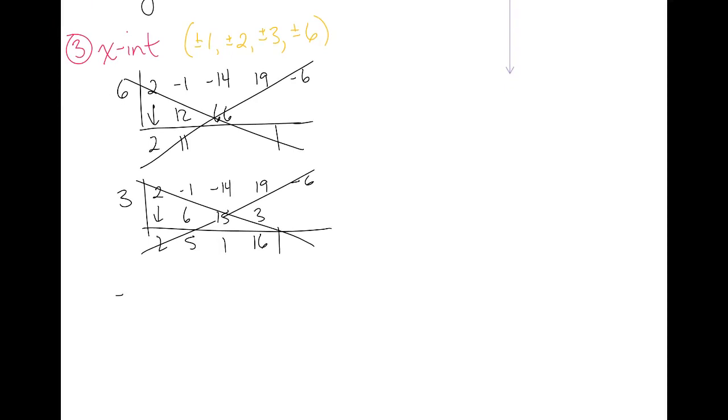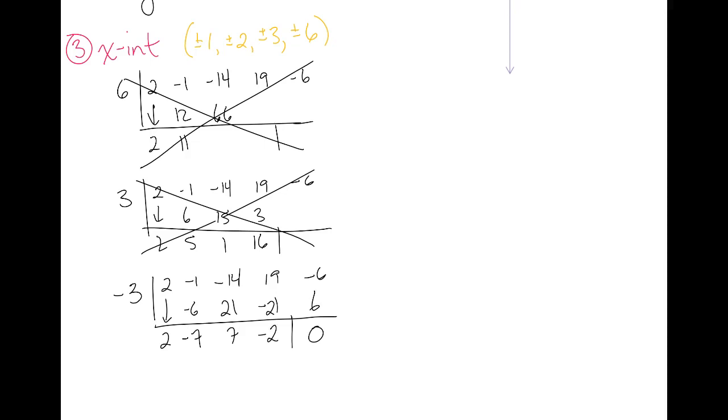Maybe negative 3 would work better instead. Negative 6 is negative 7. 21 leaves me with positive 7. Negative 21 leaves me with negative 2, positive 6, 0.